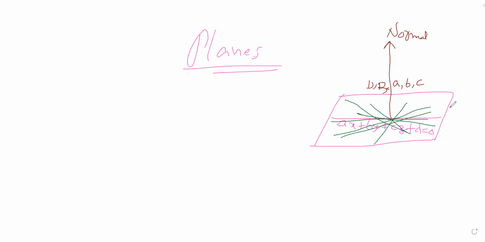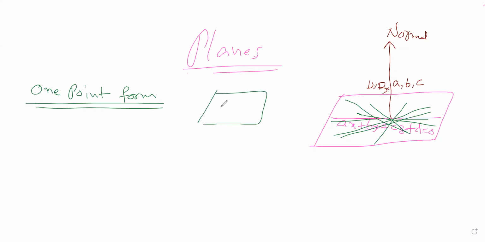Here, one point form is there in the case of a plane, same as in 2D. The equation of any plane passing through a point: I have a plane, and in it I suppose one point as x1, y1, z1.